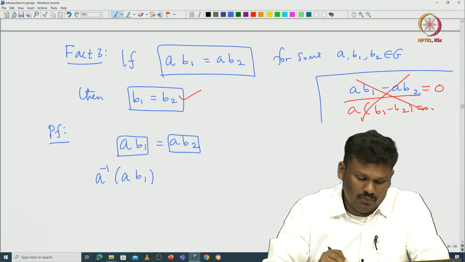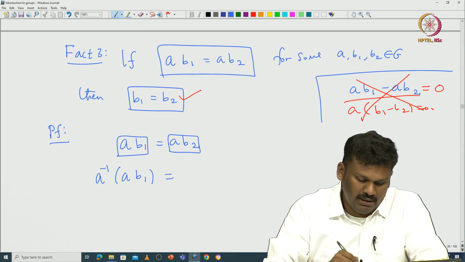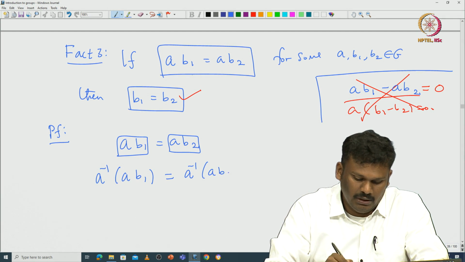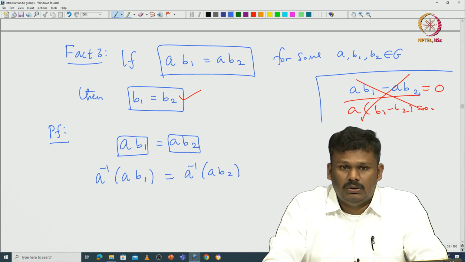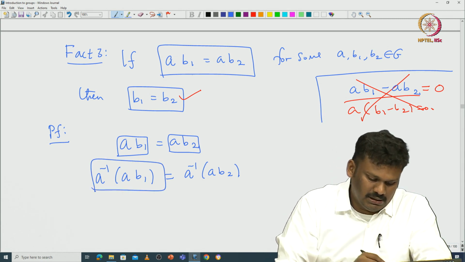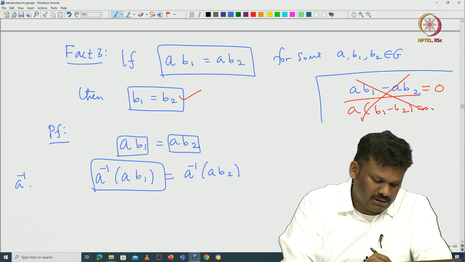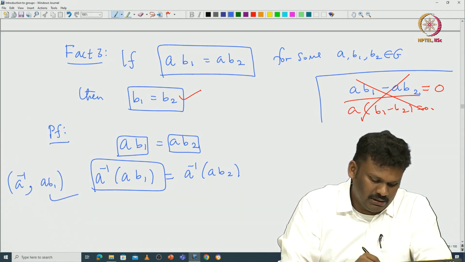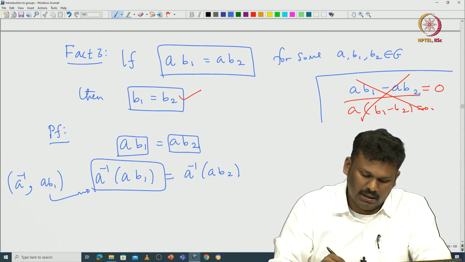So then what do you know? This has to be equal to A inverse applied on AB2. You can do this just because the star is a function. This element is the image of A inverse comma AB1. On the other side, you have A inverse comma AB2.